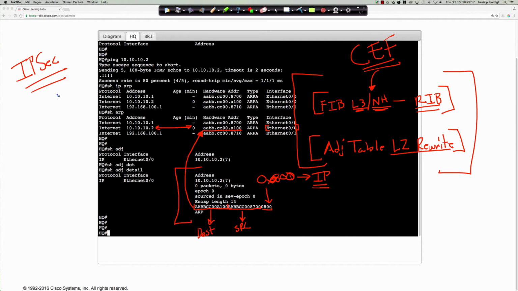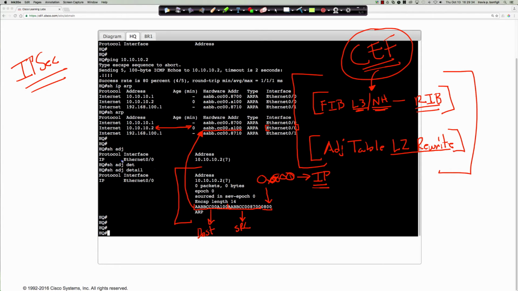ISAKMP, IKE, all kinds of different encryption algorithms. It's just kind of like an umbrella, and under that umbrella, these are the actual workhorses that are making the CEF technology do what it's doing.